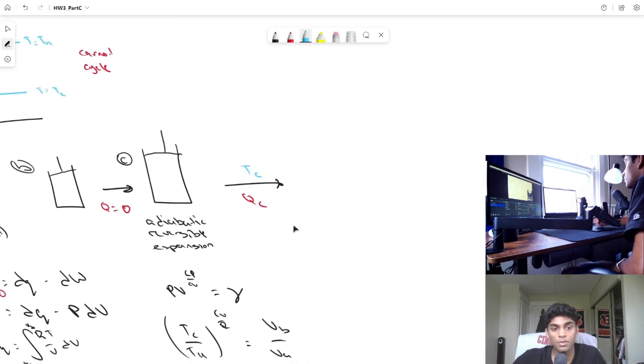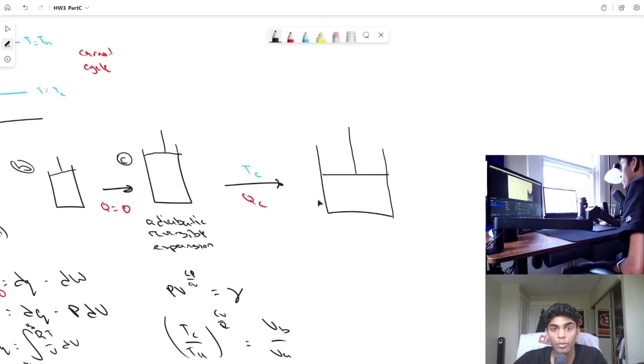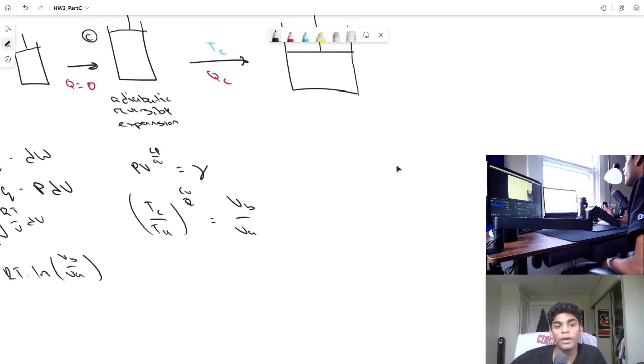So the system is going to look something like this, where we are now leveling out the piston at some lower level than we had before, since we are taking away this heat. And so from here, we can pretty much set it up the same way.